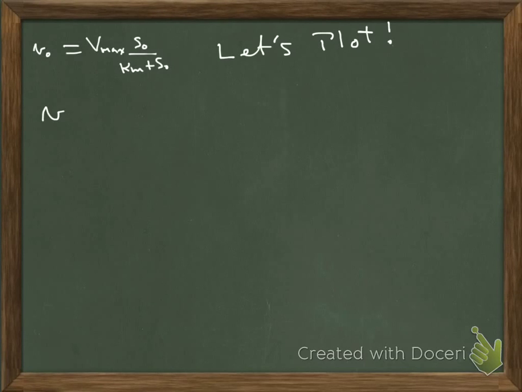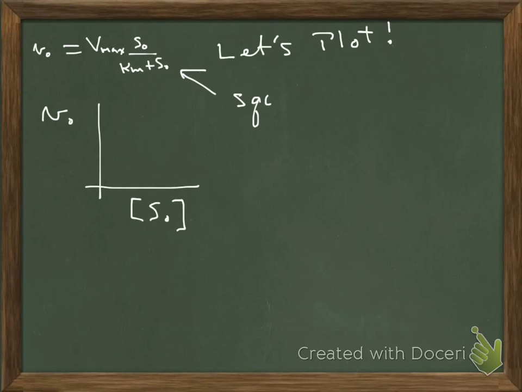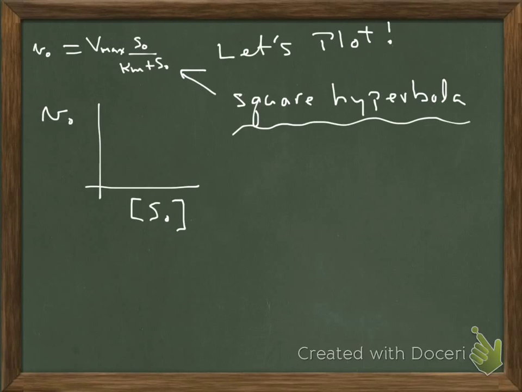One obvious thing that's done is to plot the initial rate versus the concentration S0. And so you may recognize this equation. Does anyone know what kind of equation that is? It's a square hyperbola.